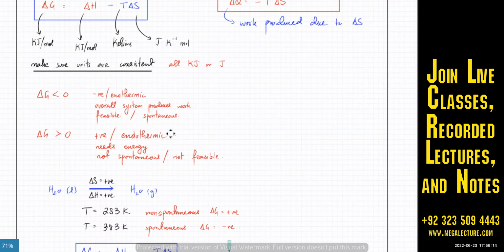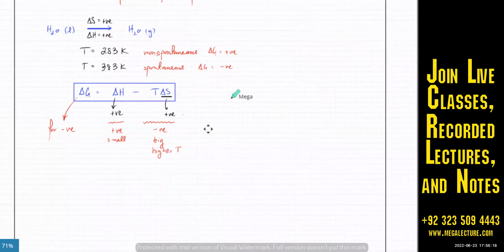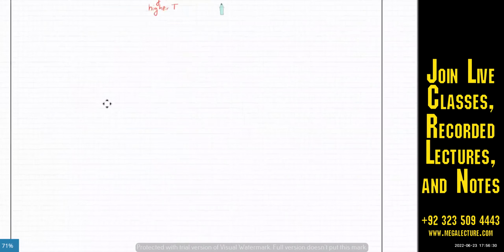So we did an example, and I gave you an example of how to use delta G to predict whether the reaction is going to happen or not. And I'm going to do another example. Let's say I have this reaction: liquid water, and I want to freeze it.